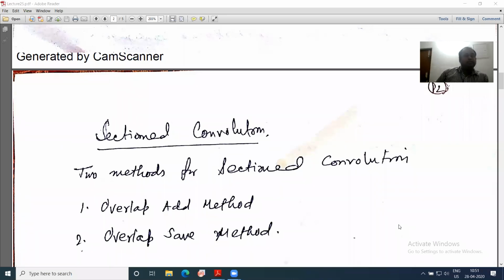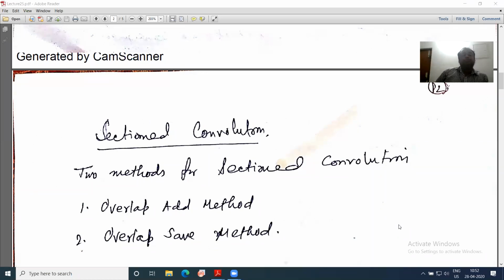This is known as section convolution. This is required to save time or delay, because if we wait for the entire data to be available, there will be a delay. Therefore, whatever data is available, first perform convolution; when the next set of the long data is available, again you perform convolution. Like that, this is the procedure, and it is called section convolution.